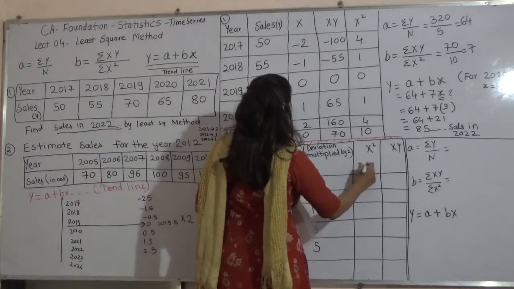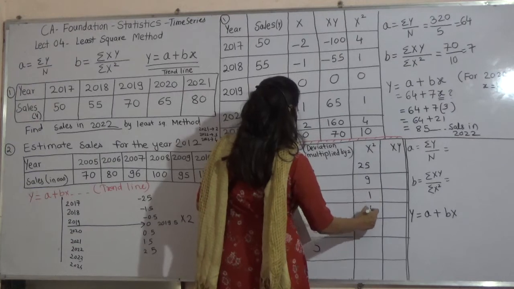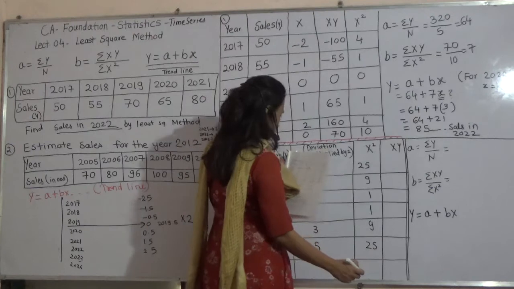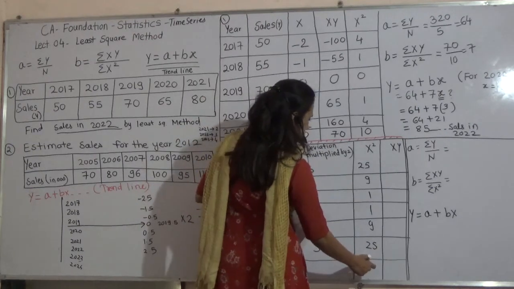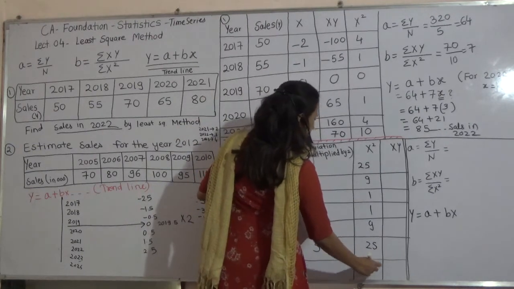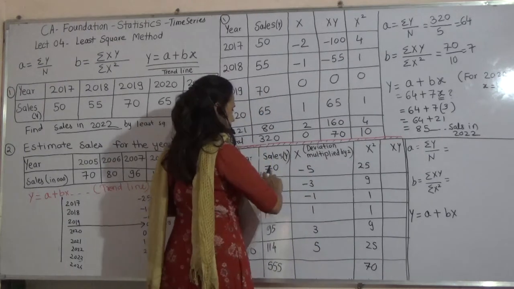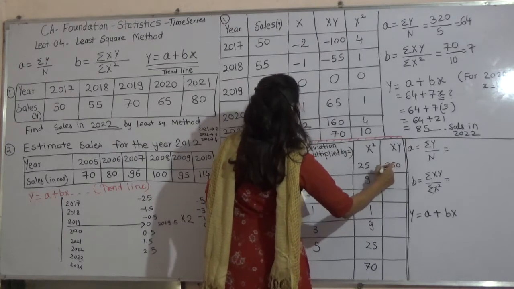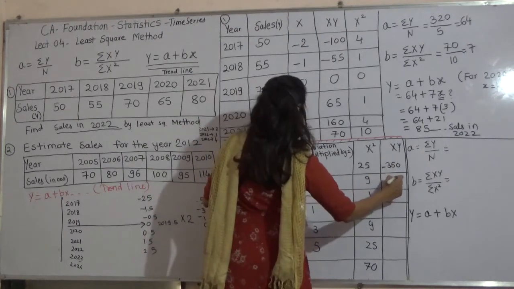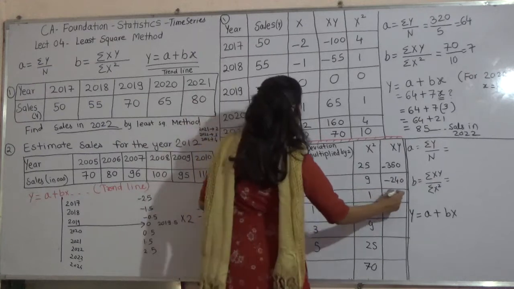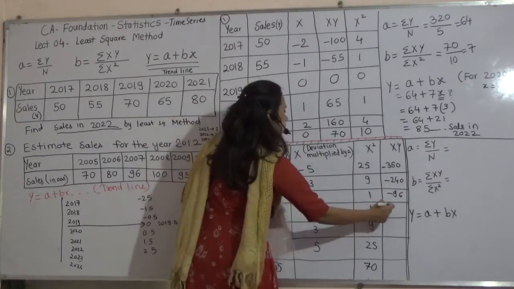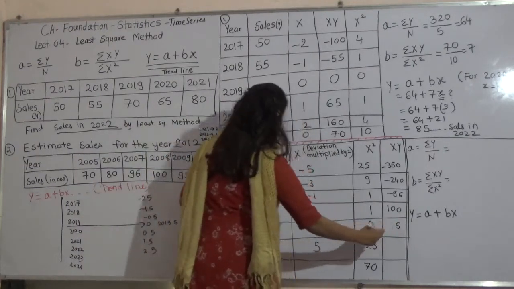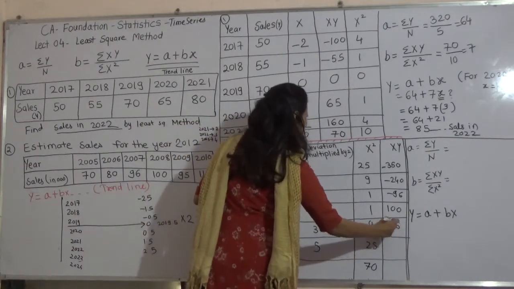Now we got this also. X square 9, 1, 1, 9, 25. Total comes 70. Then x into y. X into y. That is minus 96, 100, 95 into 3, 285.